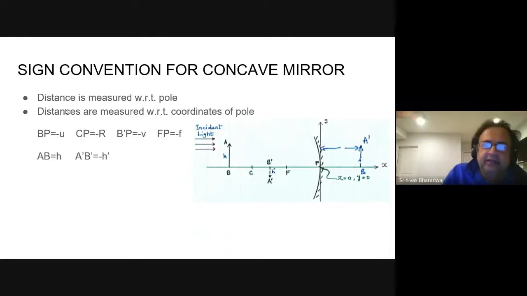Here he is taking everything as negative. He makes the concave mirror like that, and he's saying this is positive X, so everything is negative for him. Therefore, the heights: this one is H and this one is minus H.